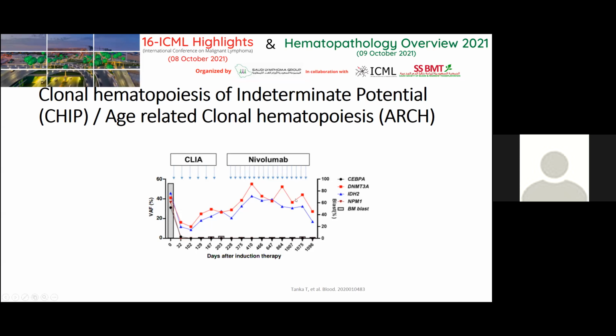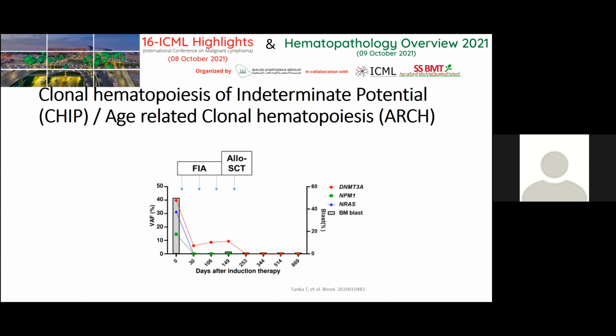So when they treat a patient, the blast count goes down. Also, the mutations of NPM1 and NRAS go down. But you can see DNMT3A and TET2 actually persist.